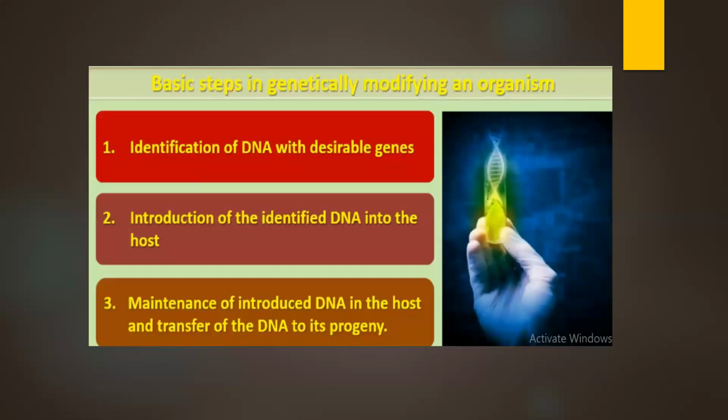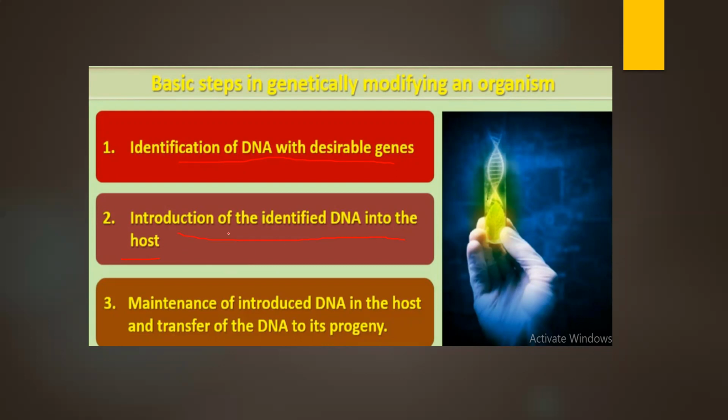Now, what are the basic steps in producing a genetically modified organism? There are three basic steps. One is identification of DNA with the desirable gene. Second is introduction of this identified DNA into the host. So first you have to identify the DNA with the desirable gene. कौन सा desirable gene आपको चाहिए?